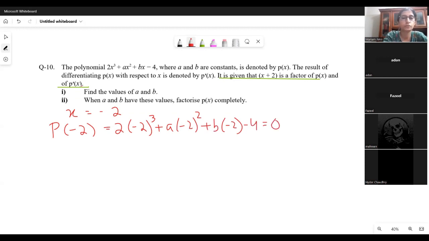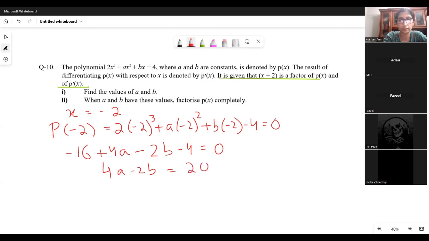So we have -16 plus 4a, minus 2b minus 4 equals 0. So 4a minus 2b equals 20. So 2a minus b equals 10. Did you guys get the same first equation?